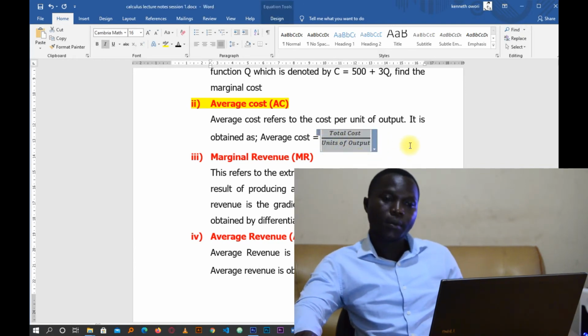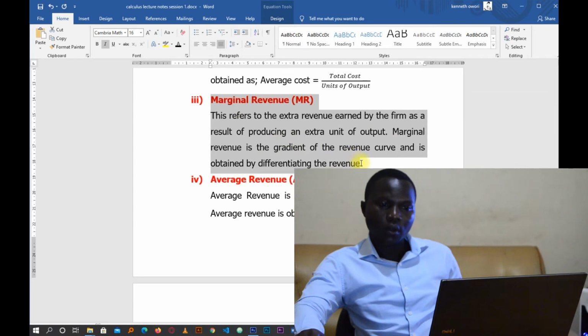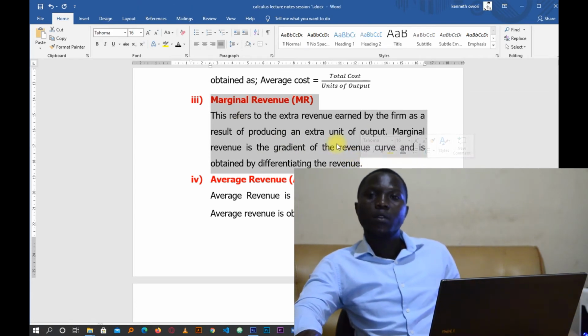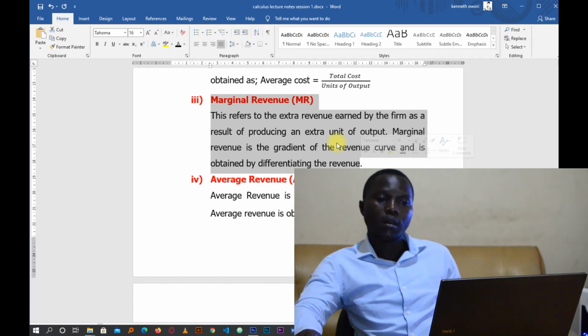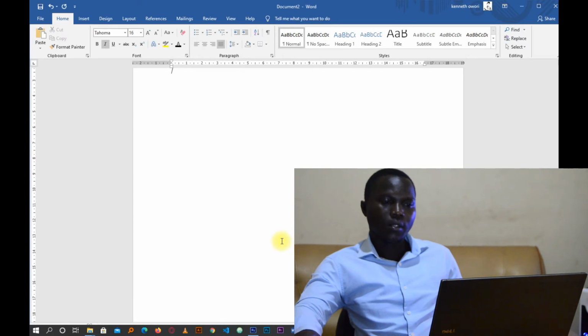Then we have marginal revenue. Marginal revenue refers to that extra revenue earned when an extra unit of output has been produced. The result is what we call the marginal revenue. So how do we obtain marginal revenue?